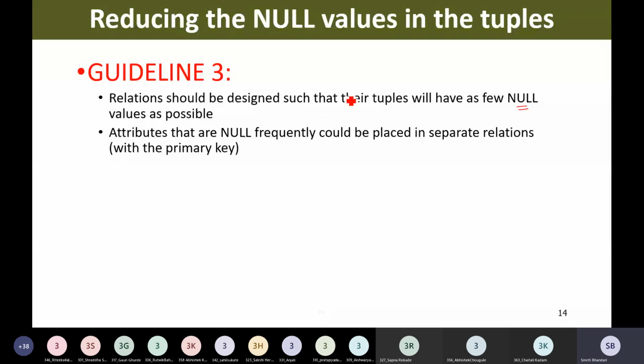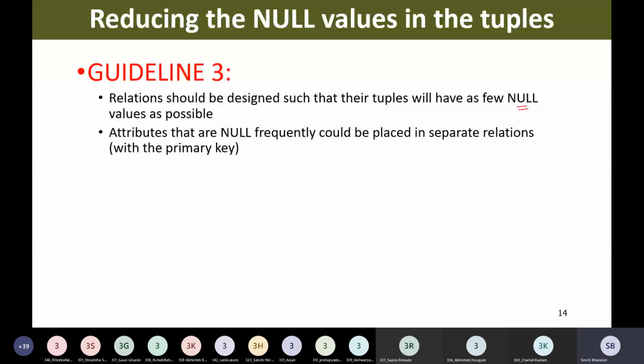If there exist any attributes for which null values are there many times or frequently, then what we can do is create a separate relation having such attributes wherein most of the time the attribute values are null, and we may add a primary key in that relation, so that the attributes having frequent null values will be kept aside, right?